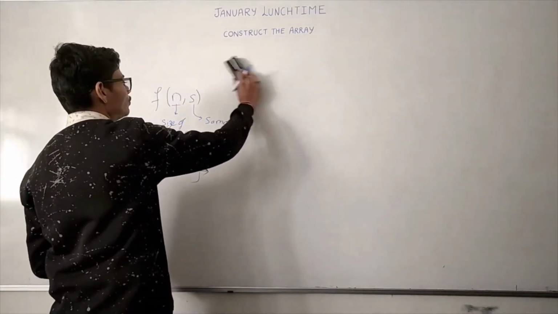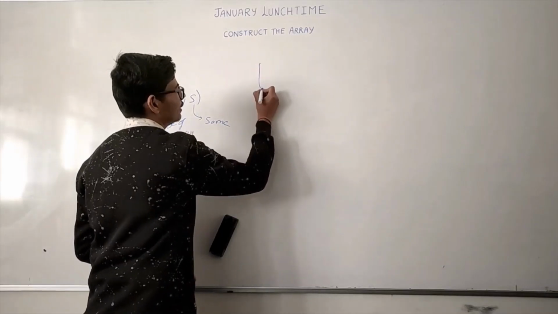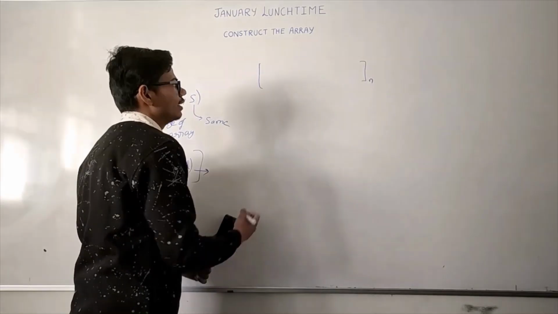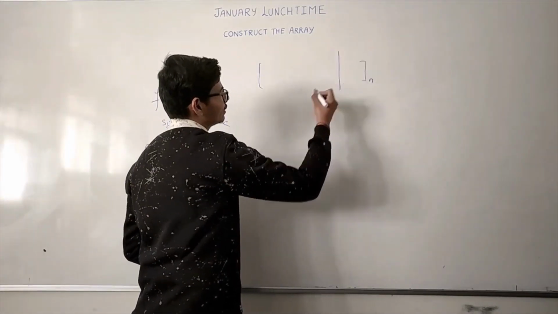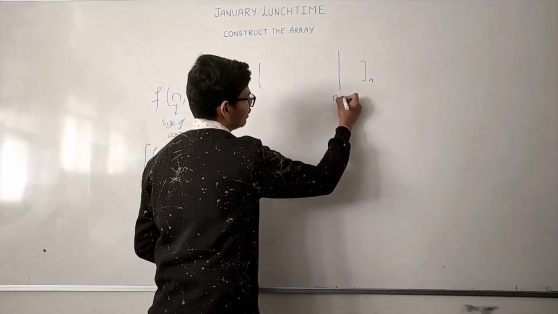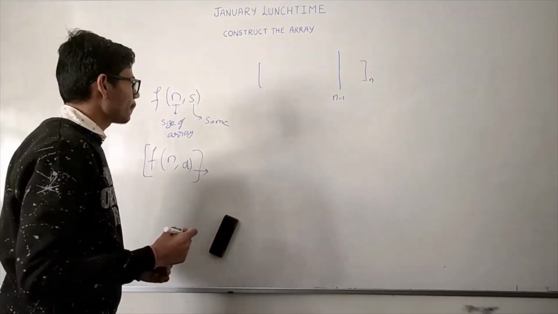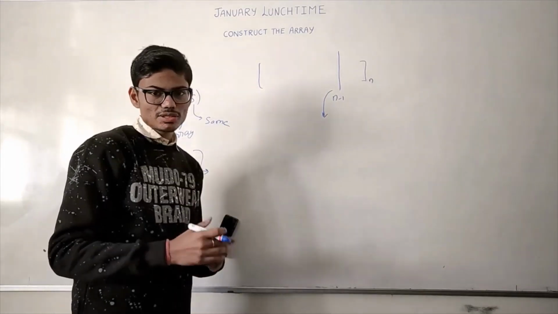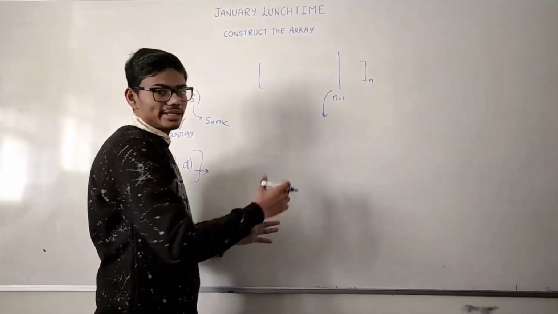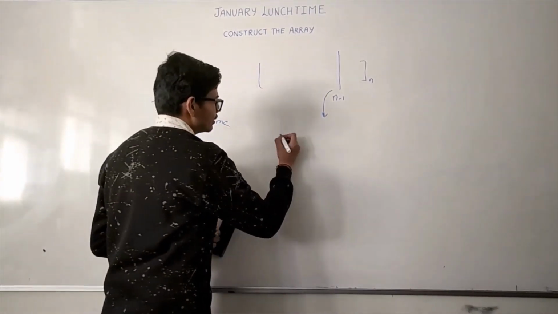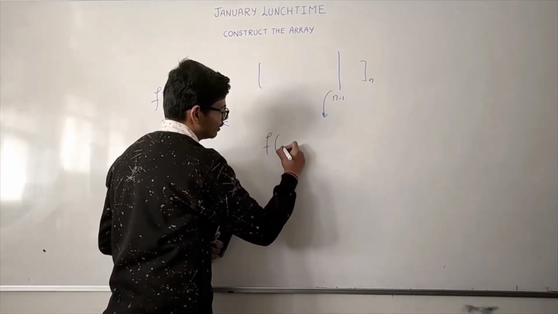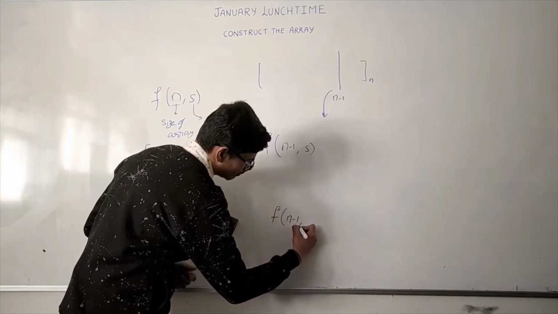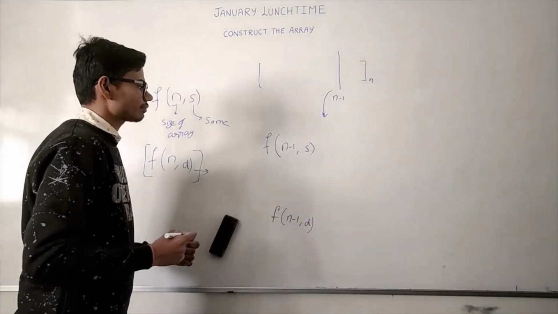Now, for the dynamic solution, let's say we have to construct an array of size n, and we have assumed that we have already constructed an array of size n minus 1. It means that we have already calculated the total possible combinations of such kind of an array of size n minus 1. This implies that we have calculated f of n minus 1 comma s and f of n minus 1 comma d.